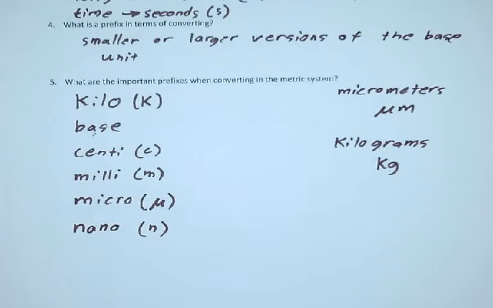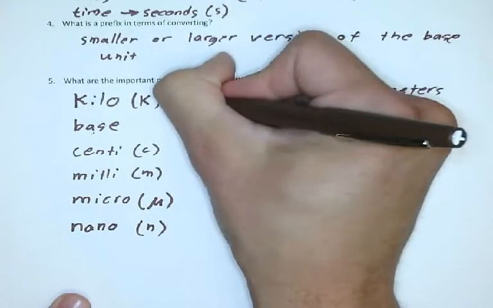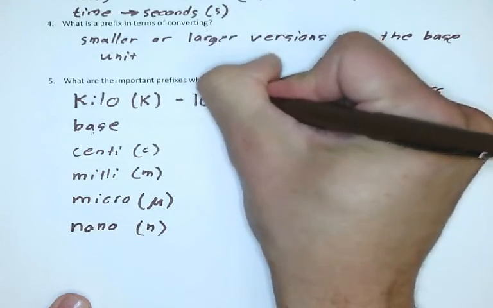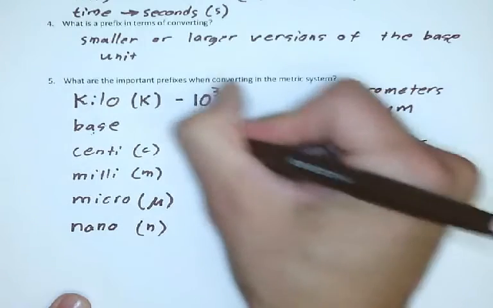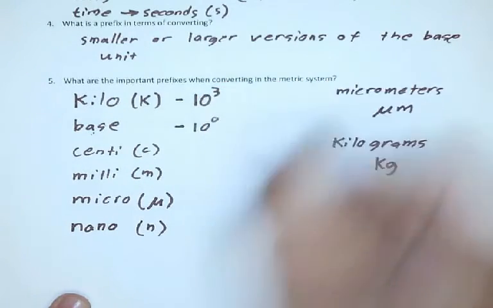Okay. Now here's the thing. These all have some value to them. They're either bigger than the base unit or they're smaller than the base unit. So we need to give them a value. So kilo gets a value of 10 to the third, which is 1,000. The base unit gets a value of 10 to the 0, which is just 1.